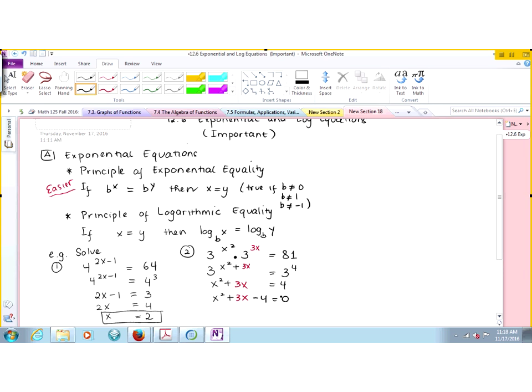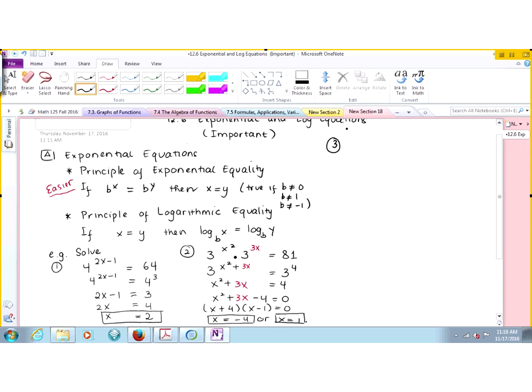So x squared plus 3x minus 4 is equal to 0. Then you can solve this. x plus 4 times x minus 1 is equal to 0. So x is negative 4 or x equals 1. All right. Good.